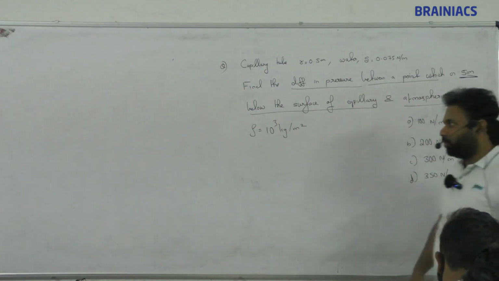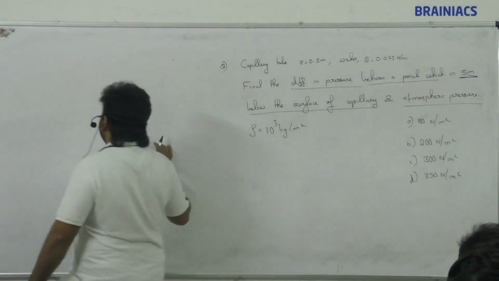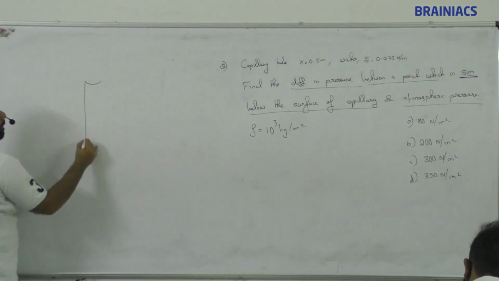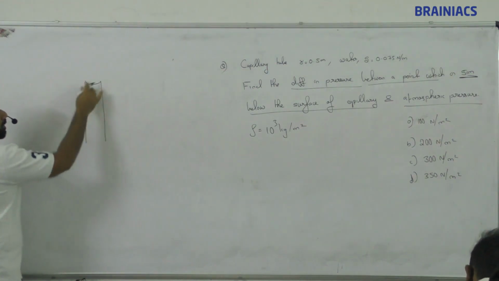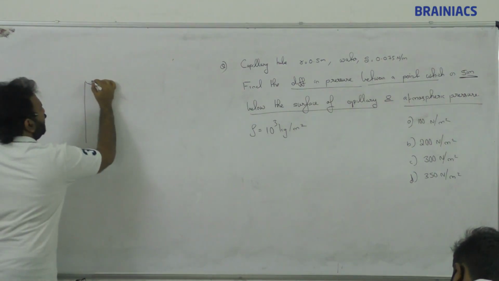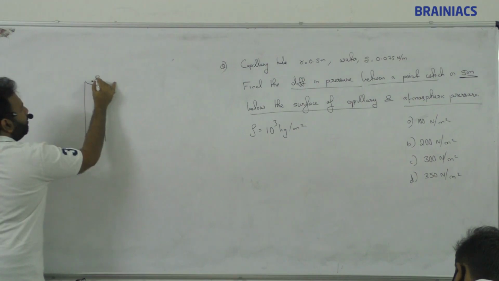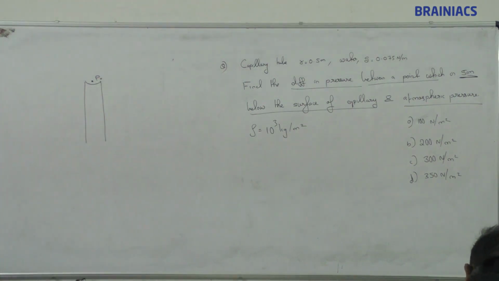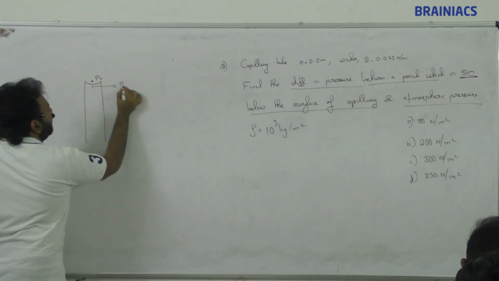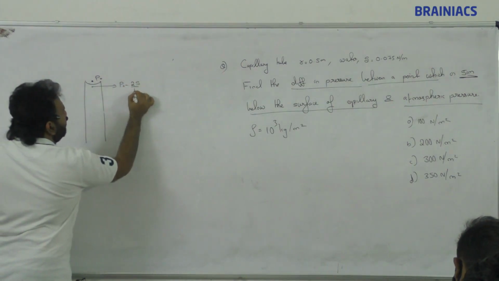Okay children, how to do? So this will be the capillary rise. At this point P0, here at this level it is going to be P0 minus 2s by r.